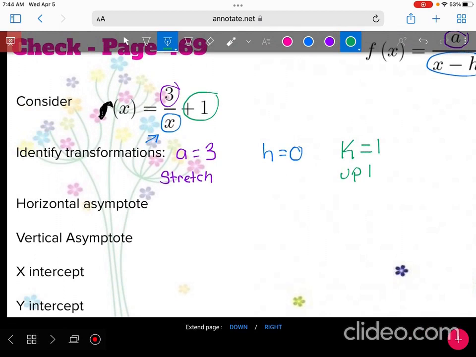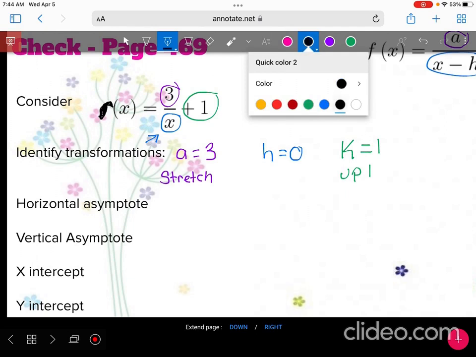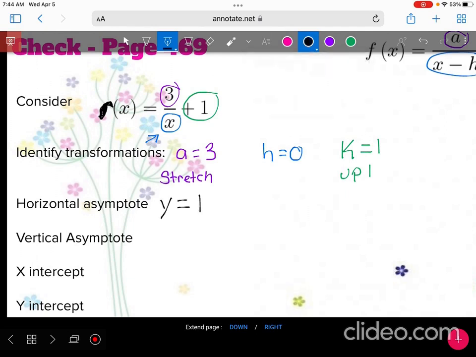We're going to write out our asymptotes. Our horizontal asymptote, and it feels backwards, is where y equals k. Y equals 1 is our horizontal asymptote. Our vertical asymptote is x equals h.